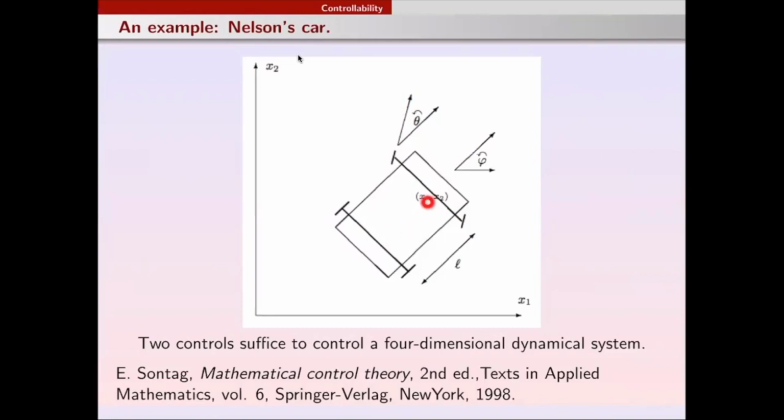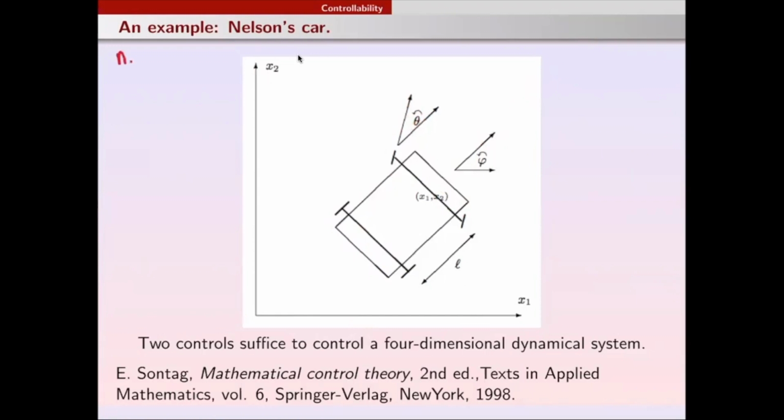But I also need the orientation of the car. So I need an angle phi, which gives me the orientation of the main axis of the car with respect to the horizontal. And then I also need the angle of the wheels theta with respect to the main axis of the car. So I have 4 parameters.